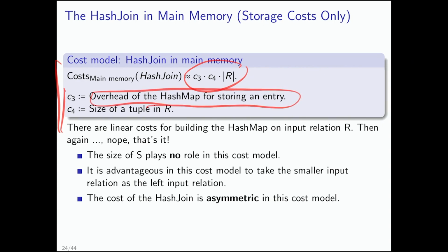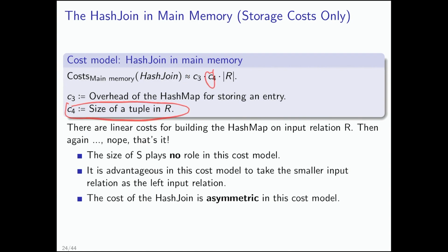Typically the hash map will store the actual data plus some structural overhead data, some metadata in the hash map. So it's basically the size of the tuple of R in bytes times some overhead, which would be greater than or equal to 1, typically strictly greater than 1. And with that you get times the number of tuples in R, because you build the hash map for all of the tuples in R. That gives you a cost estimate for the main memory you spend.